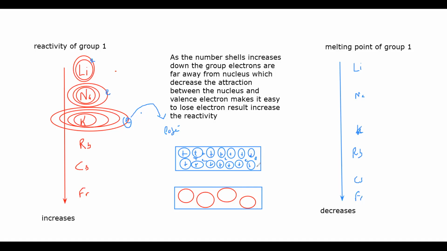So stronger attraction means high melting point. So positive ions are smaller in size, with greater attraction towards electrons within the structure.